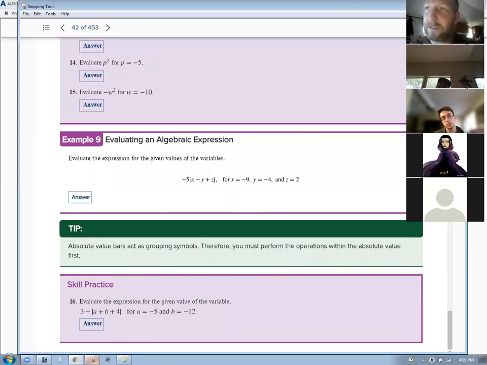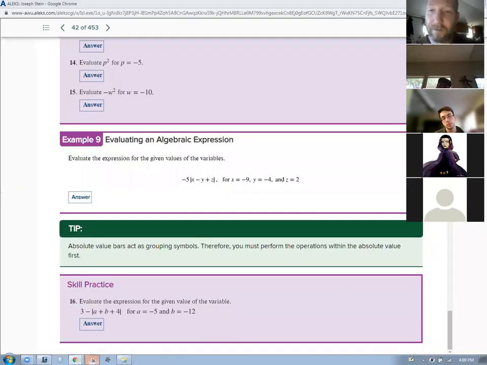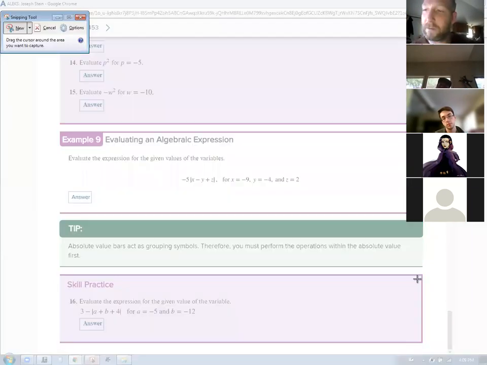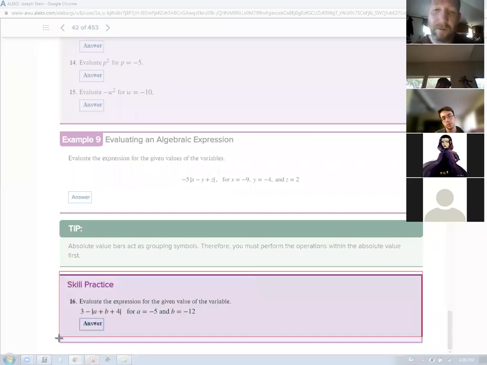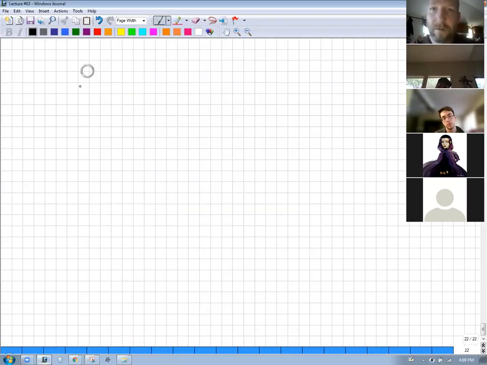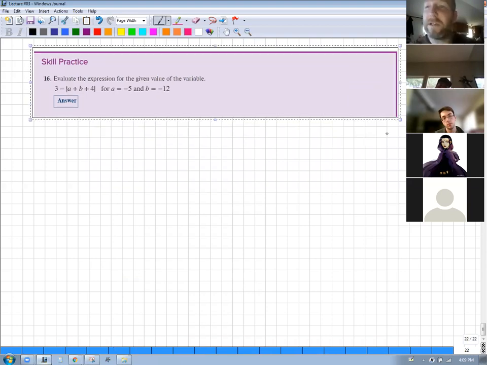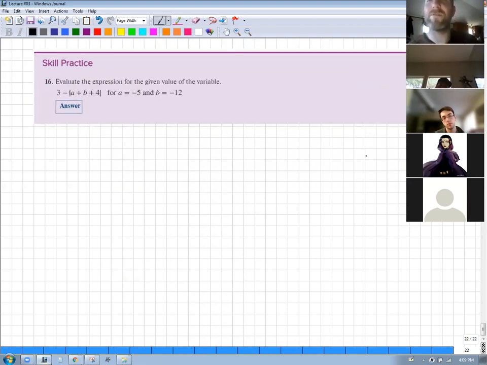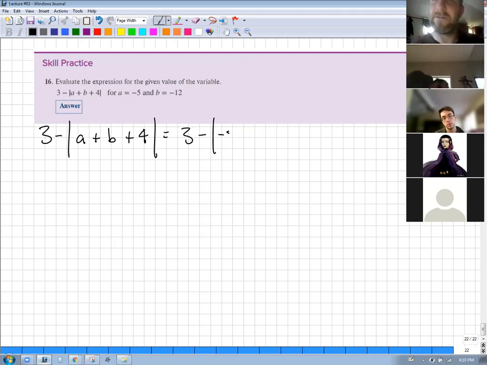Skill practice. All right, evaluate the expression for the given value of the variable. We have a 3 minus absolute value of a plus b plus 4. And they say that a is negative 5, b is negative 12.